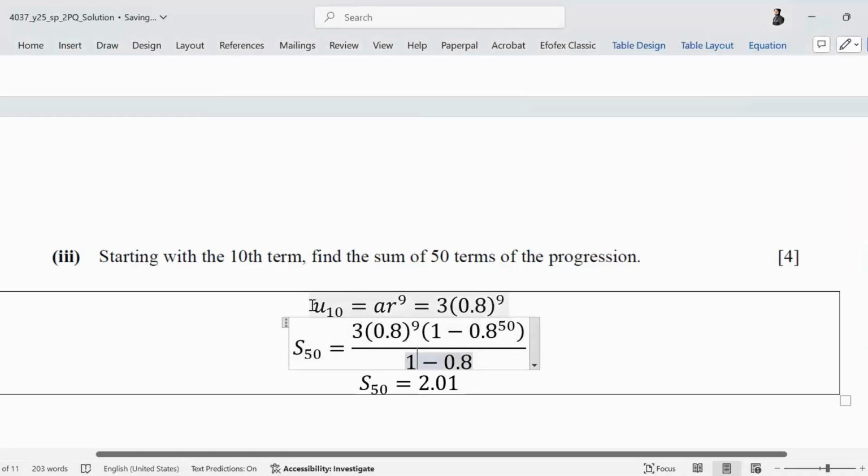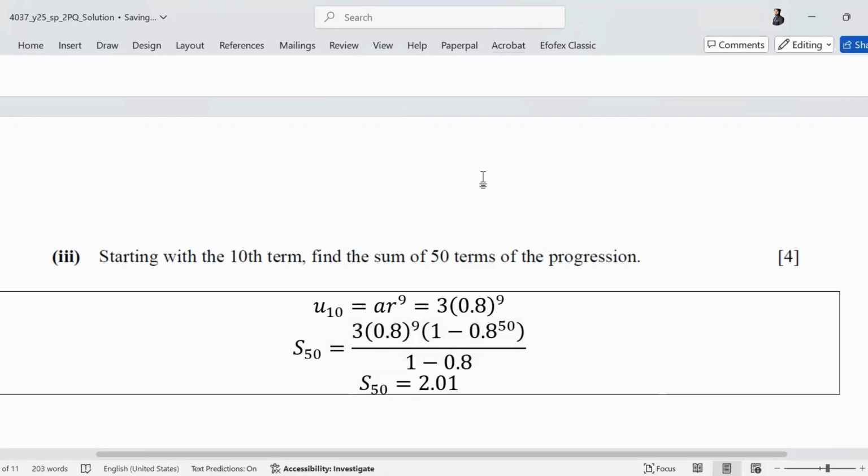So try to understand what I did for the previous sequence. The 10th term of the sequence I have taken as the first term, and R, the common ratio, will remain as it is, and I figured out the sum of the next 50 terms.